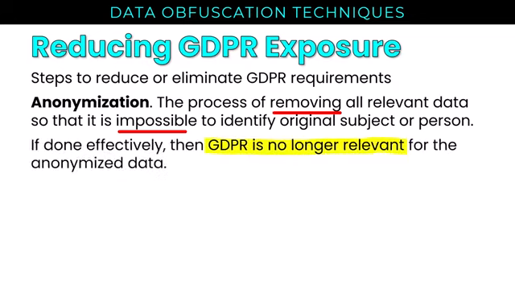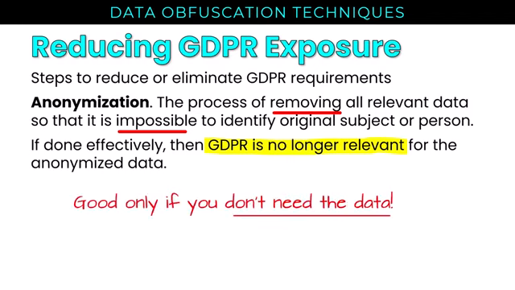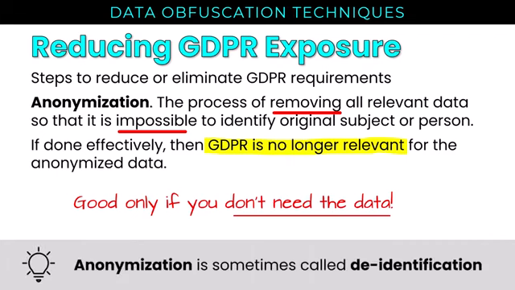If we do this effectively, GDPR is no longer relevant for the anonymized data. On the other hand, we can no longer recognize the original subject or person, so this is only good if we don't need the data. Anonymization is sometimes called de-identification. In fact, de-identification was the term used in the 2019 version of the exam.